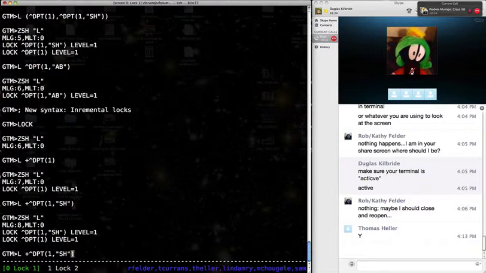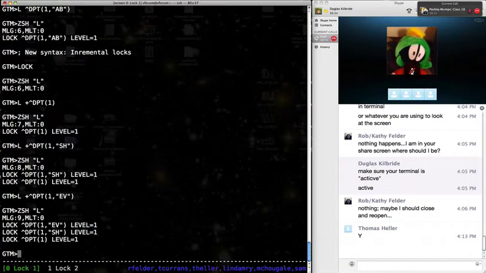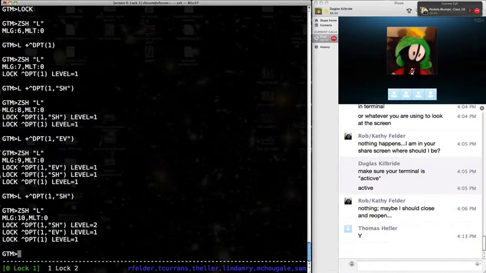Then I'm going to try locking a third thing. Okay, so far so good. And just for the hell of it, I'm going to lock the SH node again. Now notice that GTM is going to say that SH is locked twice.